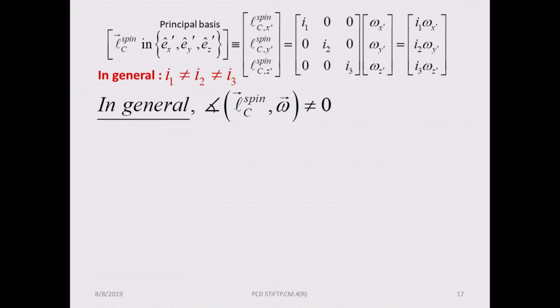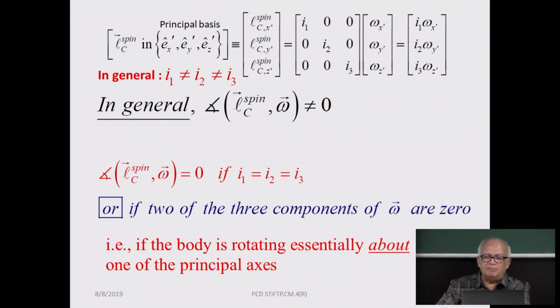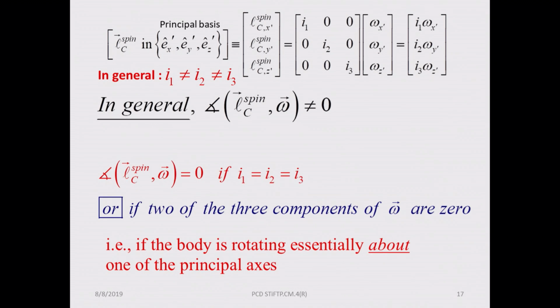Okay, so in general, angular momentum and angular velocity will not be parallel to each other, and there will be some angle between them. So this angle will be zero if these three moments of inertia are all equal to each other, right?